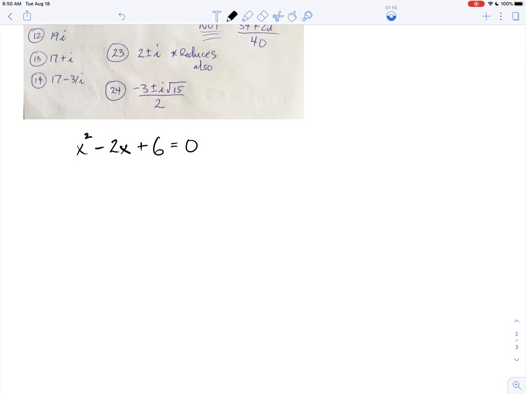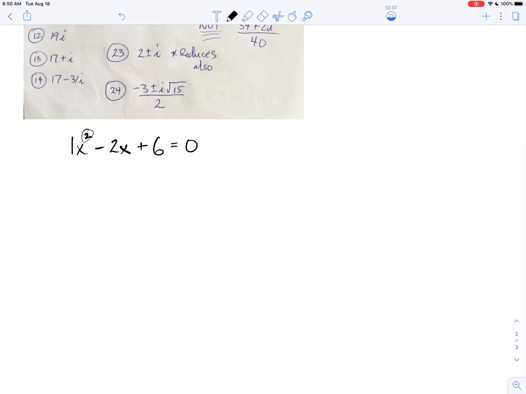That's a quadratic equation. I want to solve it. I know I have two answers, and this is very convenient to plug into the quadratic formula. I have an a value of 1, a b value of -2, and a c value of 6.